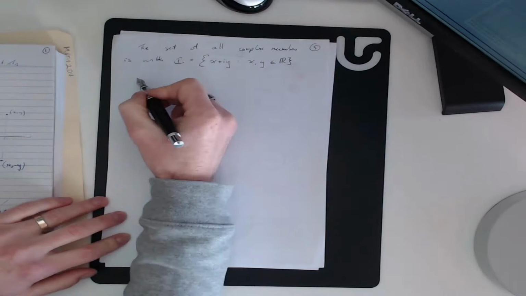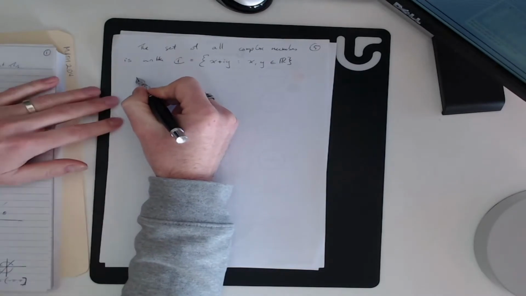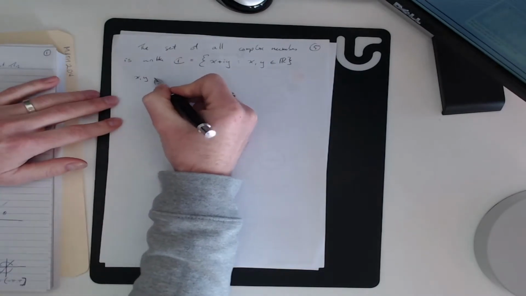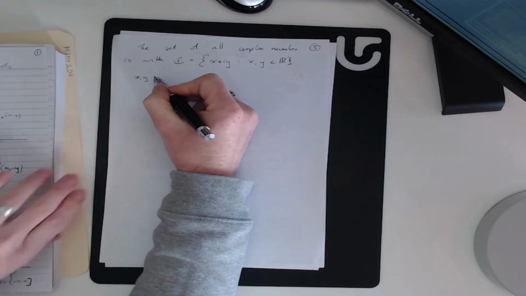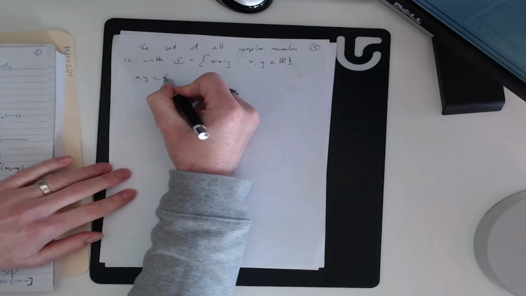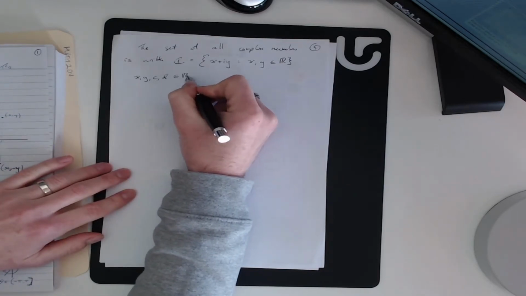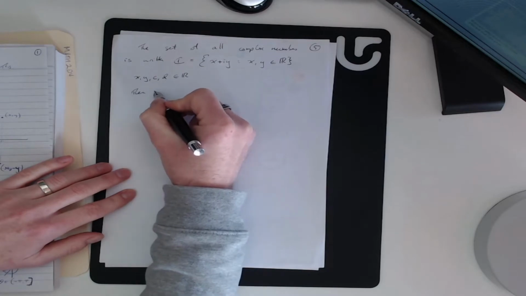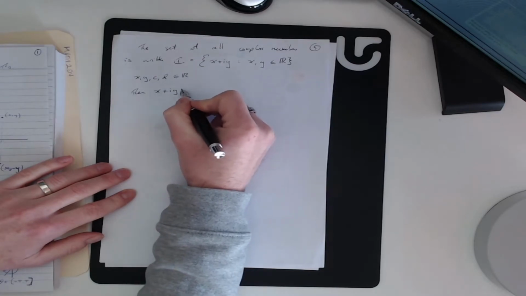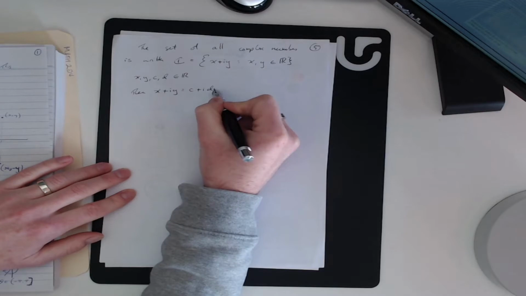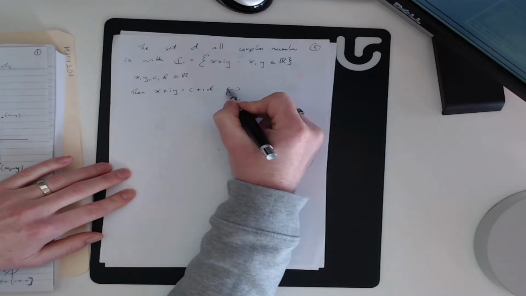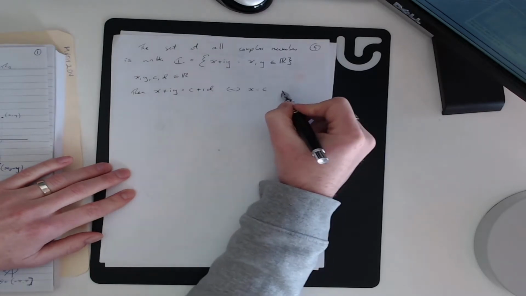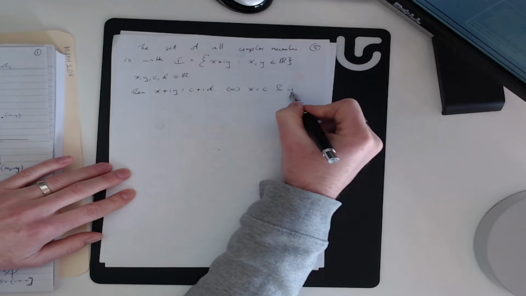And in the notes we have c and d, elements of the real numbers. Then x plus iy is equal to c plus id if and only if x is equal to c and y is equal to d.